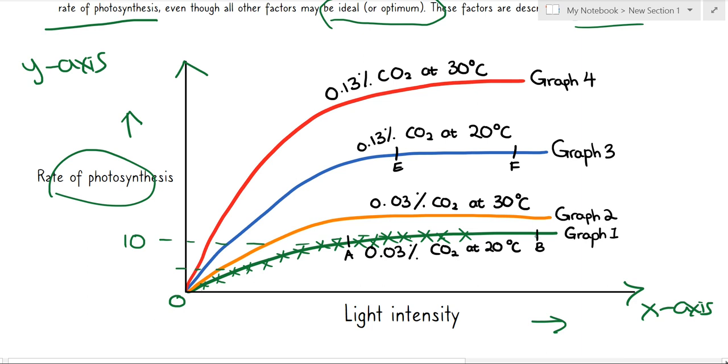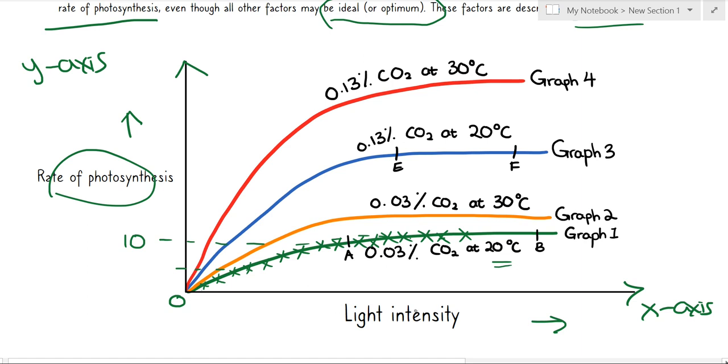It's just stuck at 10, not increasing any further. But photosynthesis is still occurring. It's just not increasing. In this graph, you have 0.03% carbon dioxide at 20 degrees Celsius.